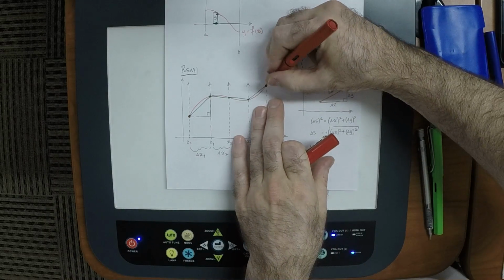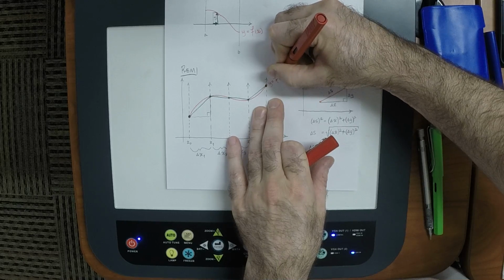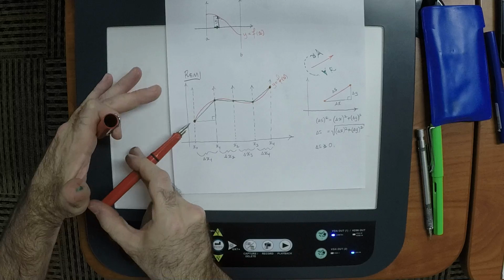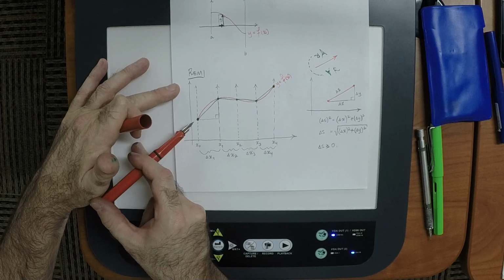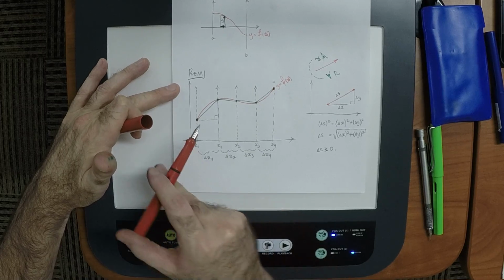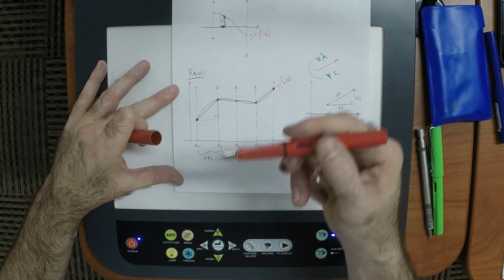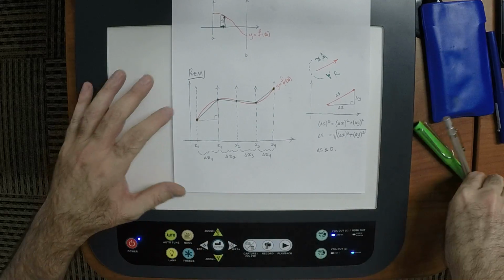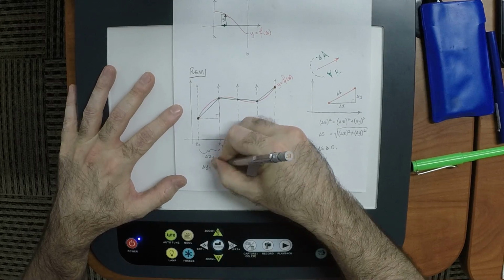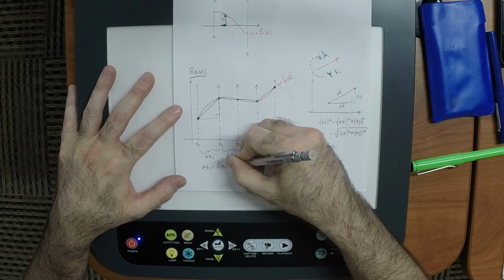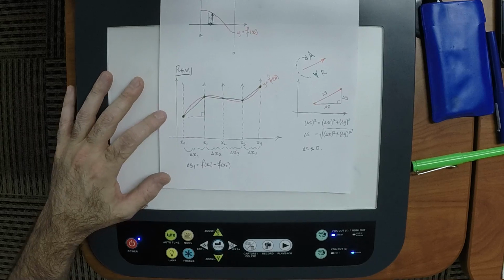Well, if this red curve is y equals f of x, then what's the height of that point? f of x0, right? Because I input x0 into function f. What's the height of that point? f of x1. So I can say that delta y1 is f at x1 minus f at x0, right? So that's delta y1.